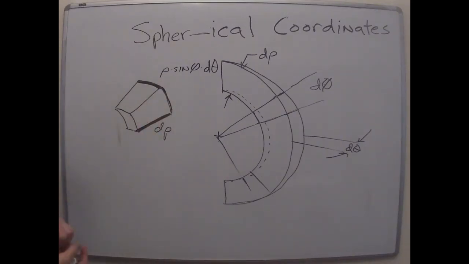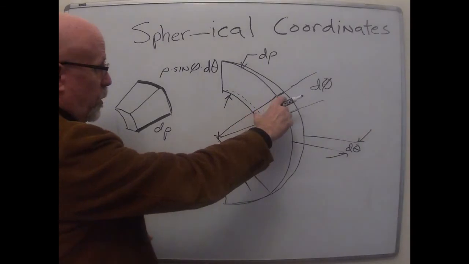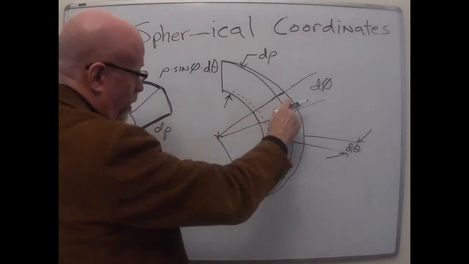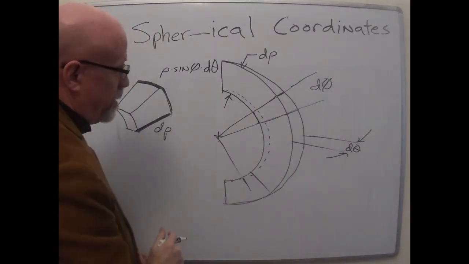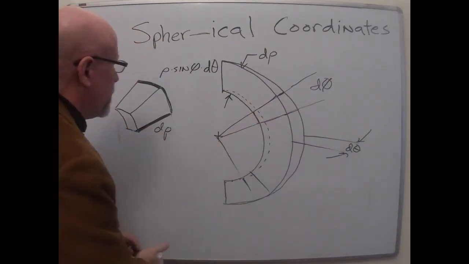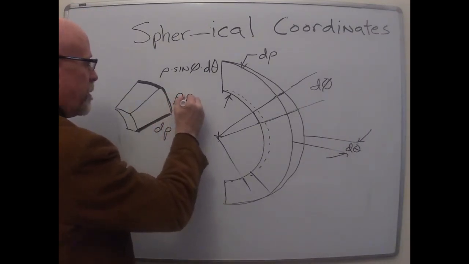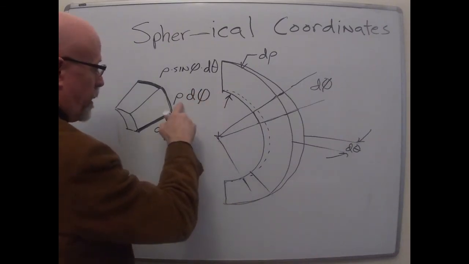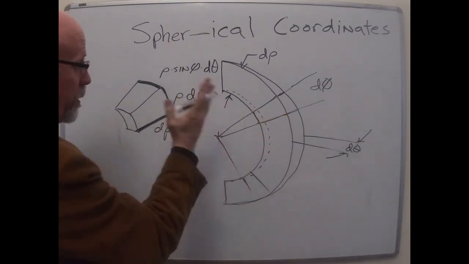Now what is that? Well, it's proportional to d phi. But again, if you were farther in or farther out, that would change how long that length was, right? So this is actually rho times d phi. That is, it depends on rho. That length does not depend on phi or theta.